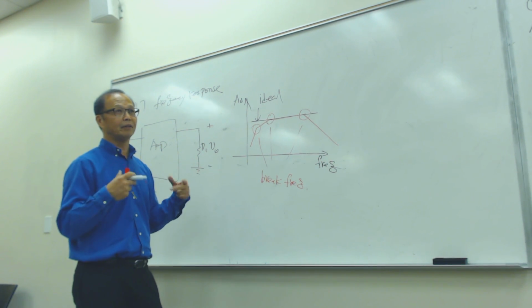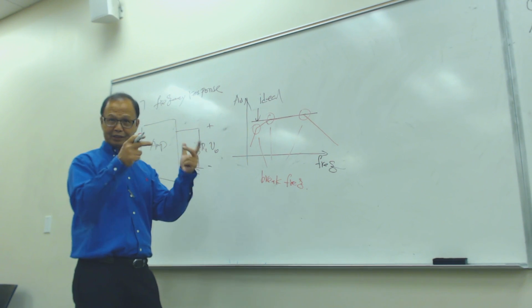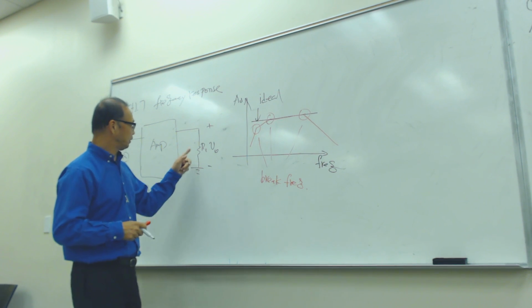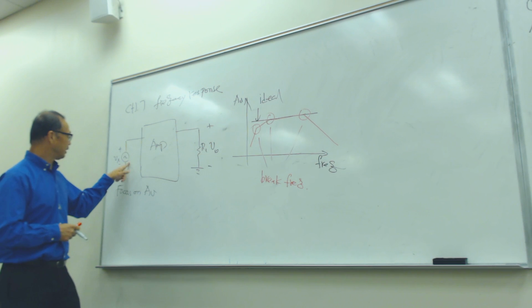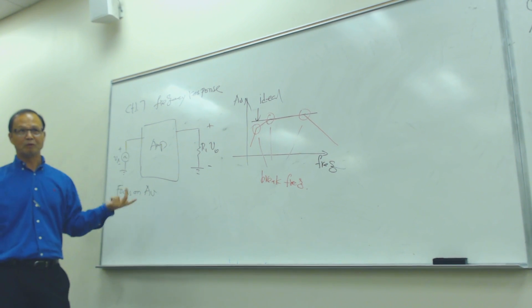Imagine you have a stereo amplifier. You have music, that's the input, and you want to hear something from the speaker. The input could be the microphone, music, human voice.